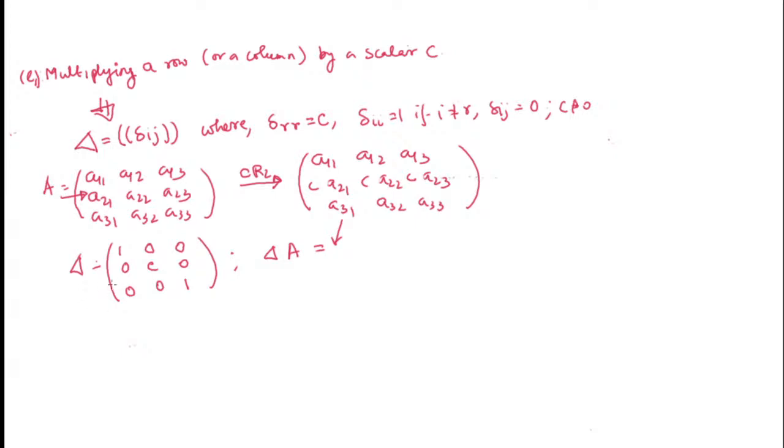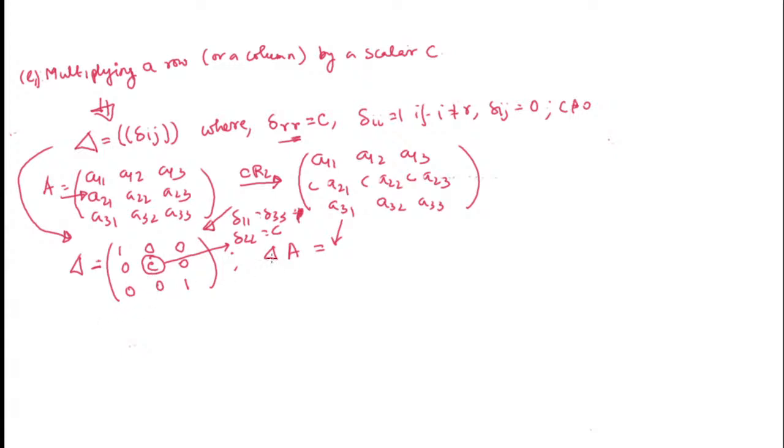In this case r is 2, so delta 22 should be C, and delta 11, delta 33 are 1, and other off diagonal elements are 0.